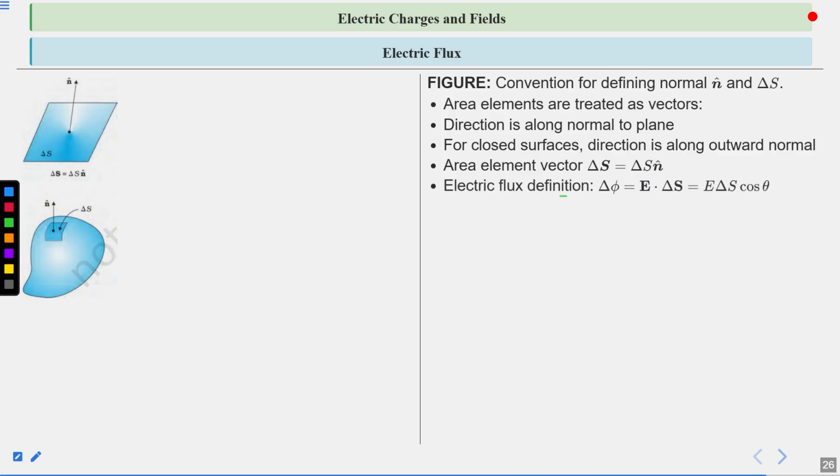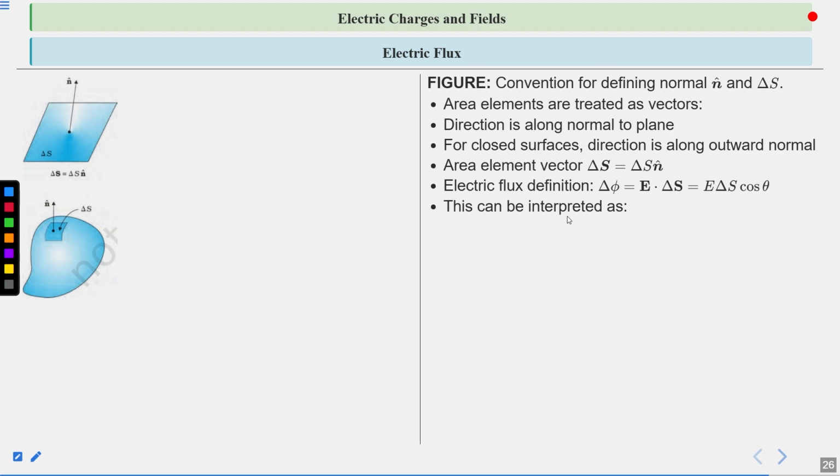Electric flux definition. So the mathematical form of electric flux is E dot delta S, where resolving the dot product you will get E delta S cos theta.